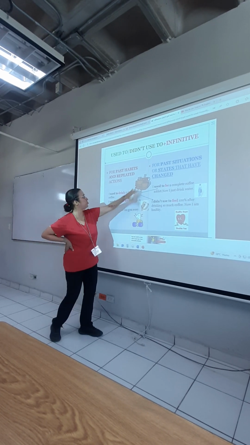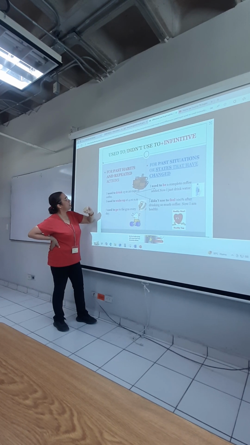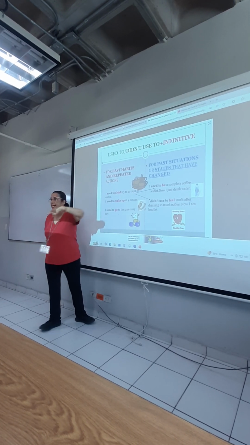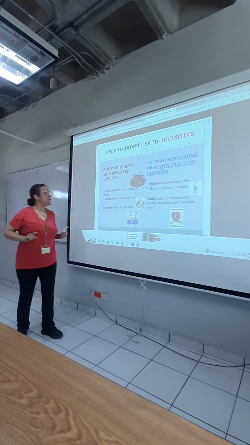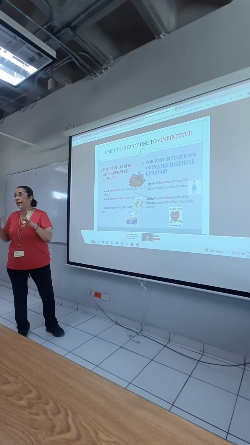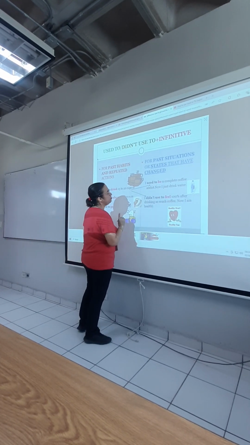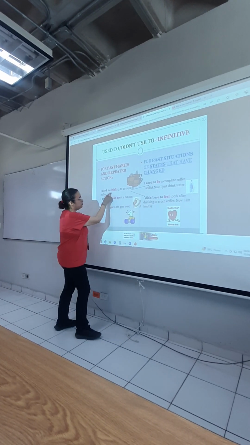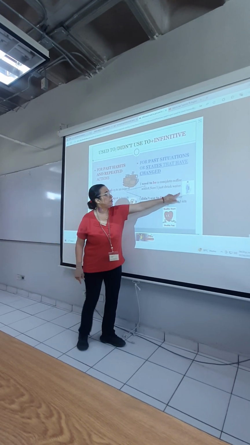So you can see the image here. And this verb talks about past habits and repeated actions in the past. But in the present, we changed that habit. Look, somebody else did here. I used to drink 20 cups of coffee a day. That's what it's saying here. Now, in the present, I just drink water.